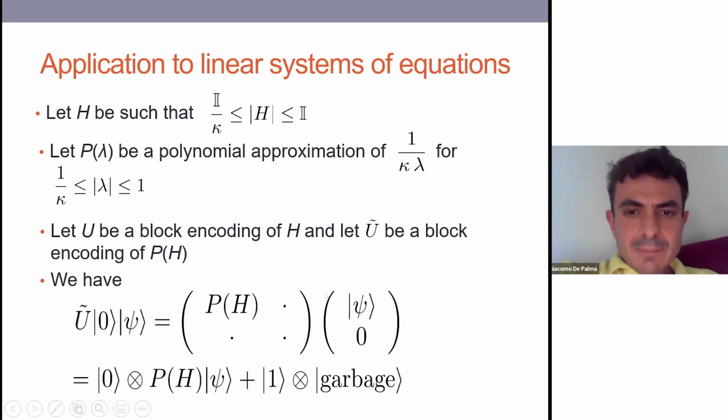So this matrix applied to it gives, in the upper part, P of H psi, that's what we wanted. And then in the lower part, we get some garbage. So we get 0 tensored with what we want, plus 1 tensored with some garbage. And this should remind you of what we had, like we had a similar situation also for HHL.